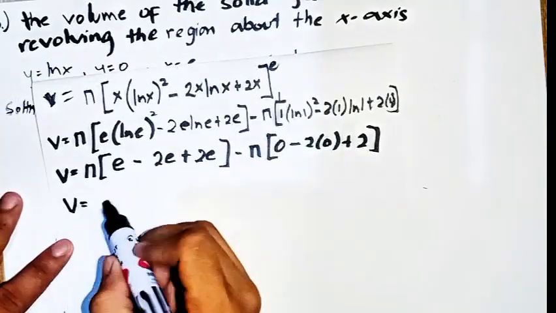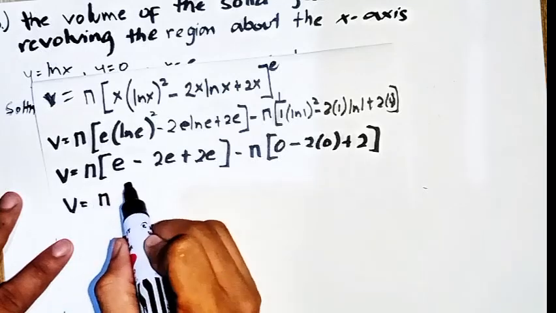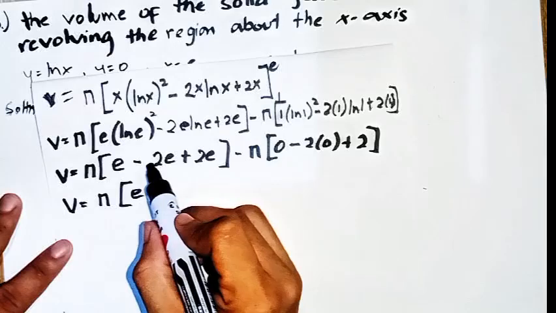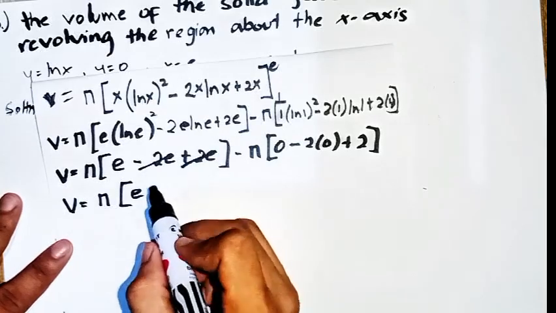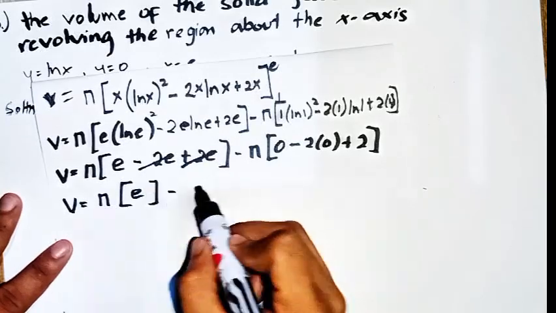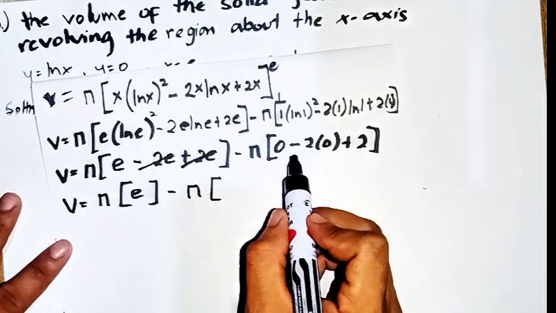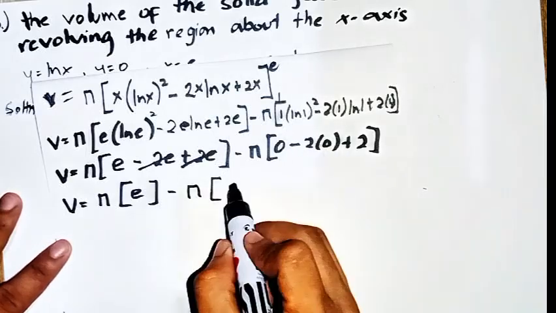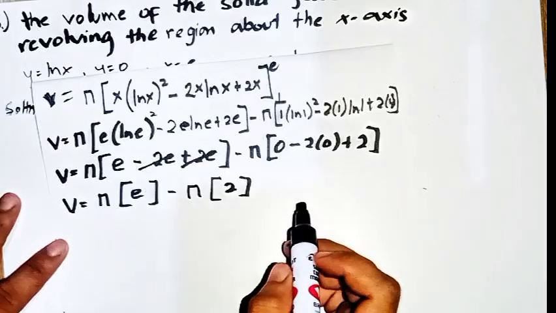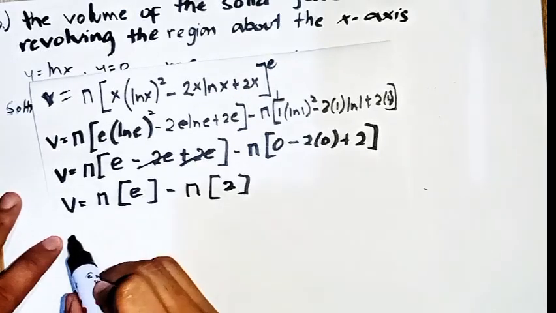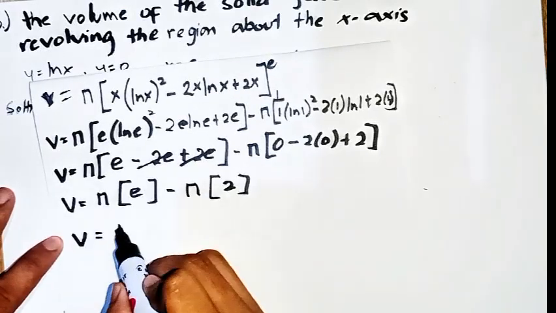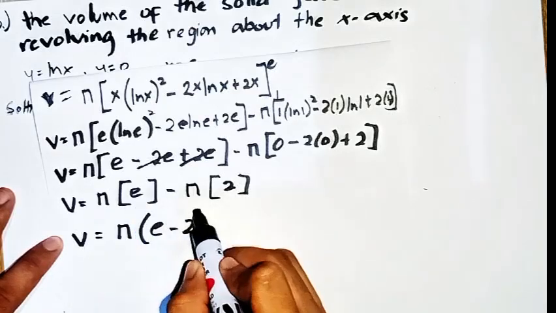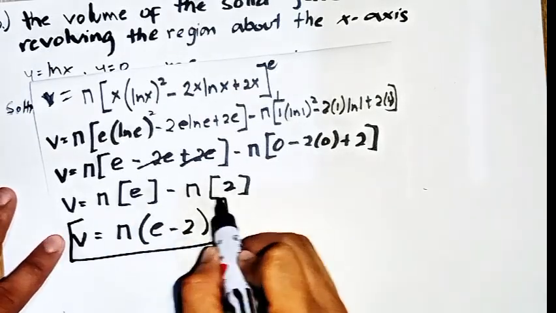So V is equal to pi, copy the e, and negative 2e plus 2e cancel, so the remaining is e minus pi times 2. Therefore, we have pi times e minus 2. This is now our final answer.